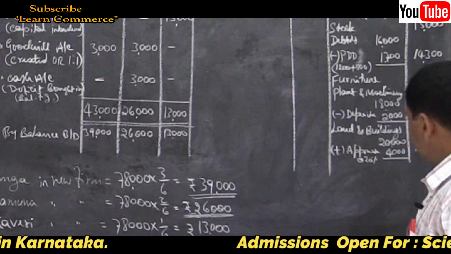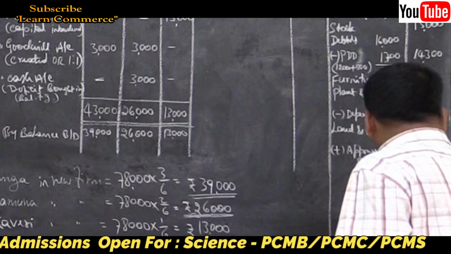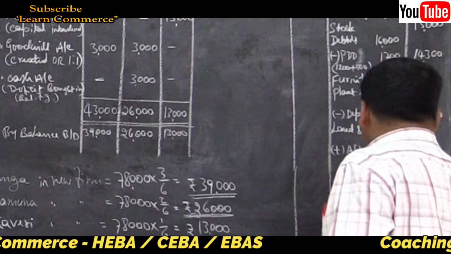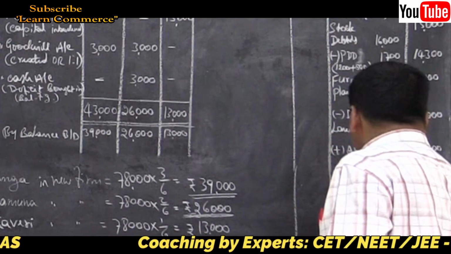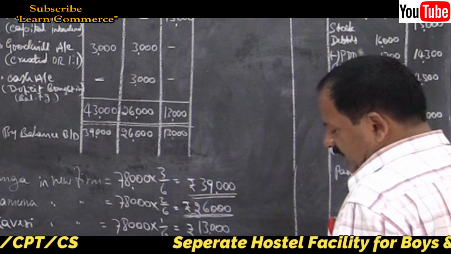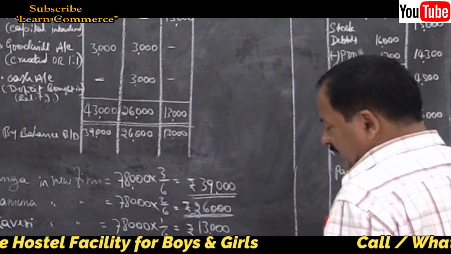24,000. Then patents. I think there is a change in patents. Yes, it is. There is a decrease of 20%.